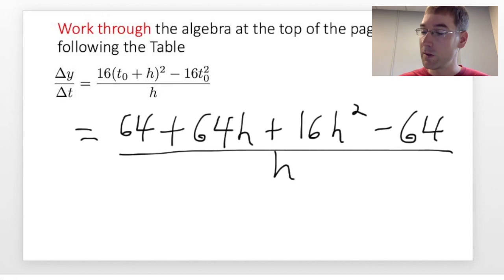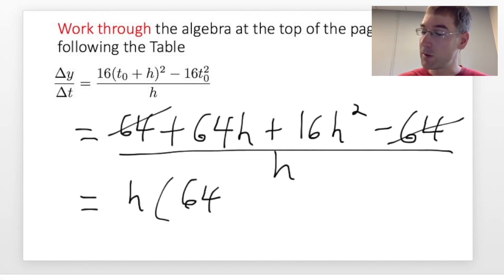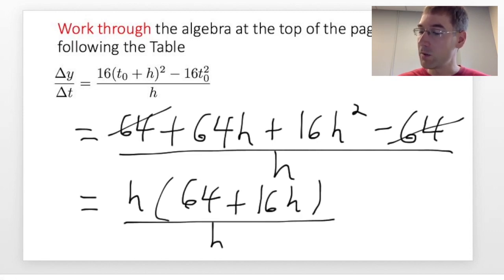And notice 64 minus 64 is 0. And what remains in the numerator, we can factor out an h. We'd be left with h times 64 plus 16h all over h. And of course, this is the desired result, 64 plus 16h.